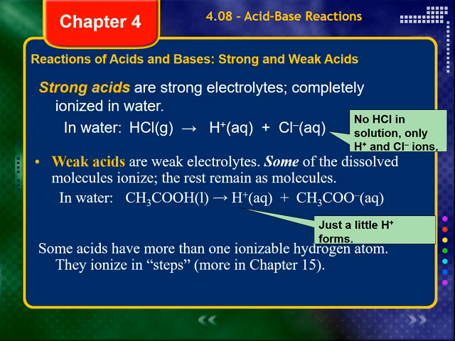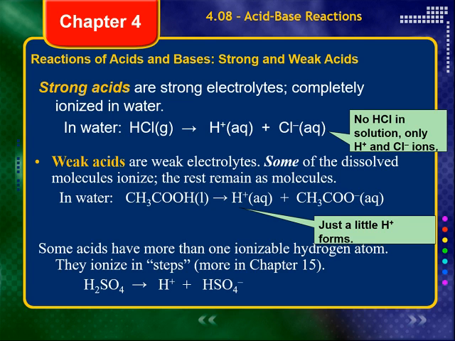Some acids have more than one ionizable hydrogen atom. They ionize in steps. We're going to talk about that more in chapter 15. But for example, if you look at sulfuric acid, one of those hydrogens is going to come off of the sulfate. And so you're going to get an HSO4-.